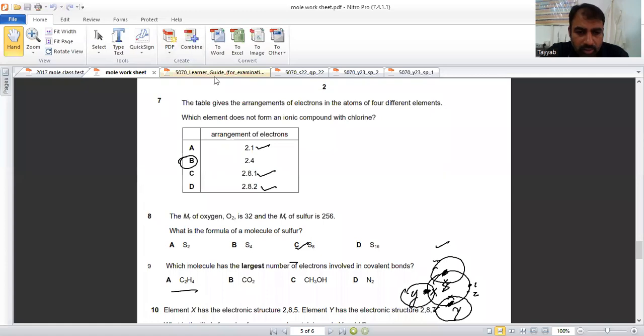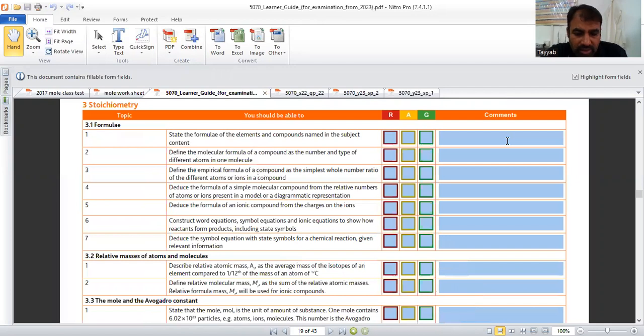Again, I would like to show you the review checklist. In the checklist: describe relative atomic mass, Ar, as the average mass of the isotopes of an element compared to 1/12 of the mass of a carbon-12 isotope.